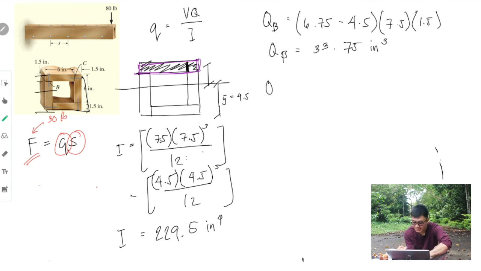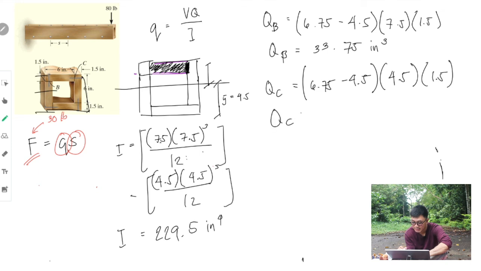And your QC, so for our QC, this is the only area we will consider. Okay, because we are focusing here. Okay? So therefore, that is still 6.75 minus 4.5 multiplied by the area, which is 6 minus 1.5, that is 4.5 multiplied by 1.5.